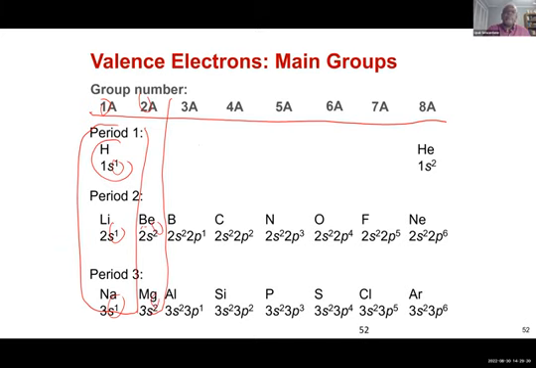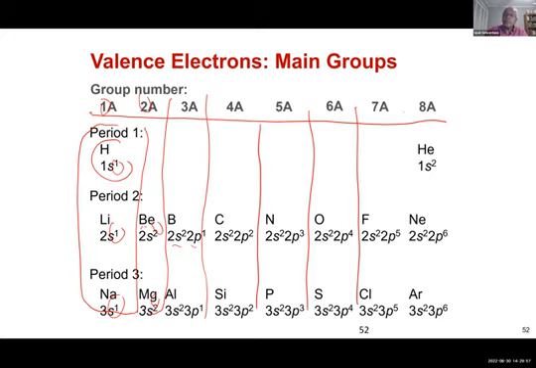Boron, aluminum, that's the third main group. It's 2s2, 2p1. The only difference between periods is the shell number, or the period number, which is 2 here, 3 here. So all these electronic configurations are the same in each group. Except helium.